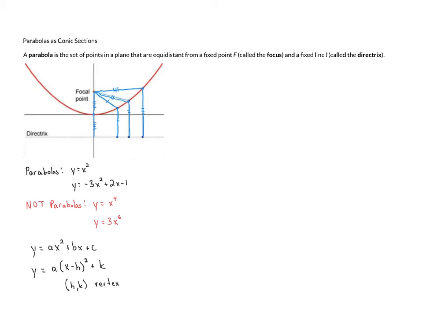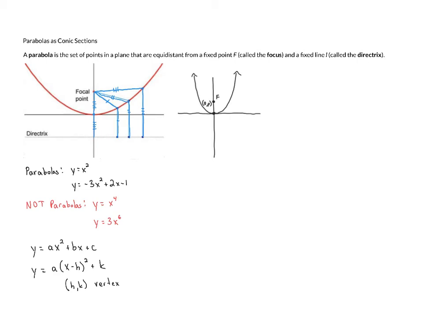Now, to get this, we're actually going to have to do a little bit of algebra, and it's going to get a little bit ugly, but once we finish the algebra, we're going to get a nice, simple formula that's going to help us look at some parabolas given the focus and the directrix. So let's get into some calculations.